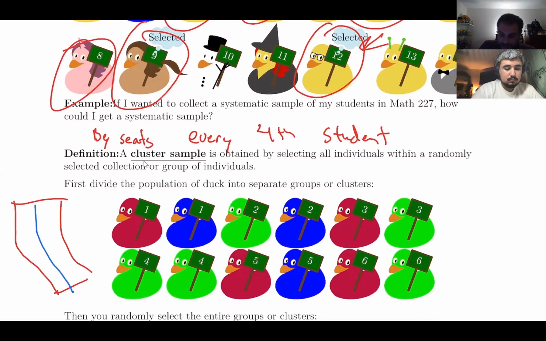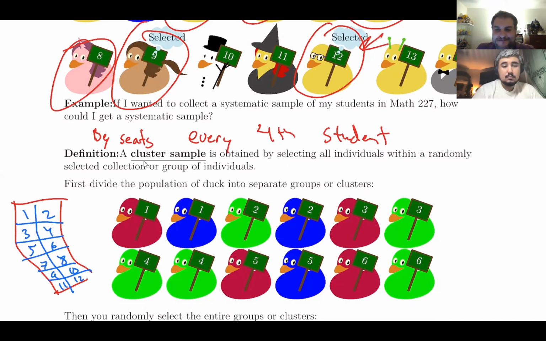You could break up California into clusters. So you break them up into clusters, and then you randomly select a cluster. So pick a number from 1 to 12.